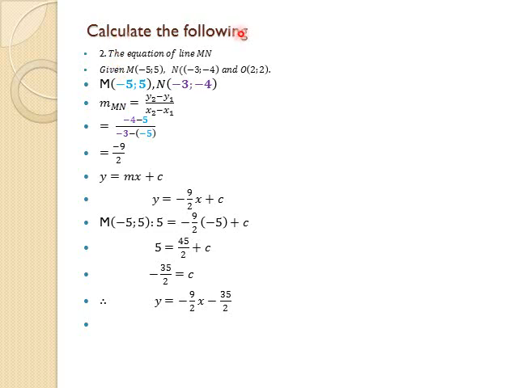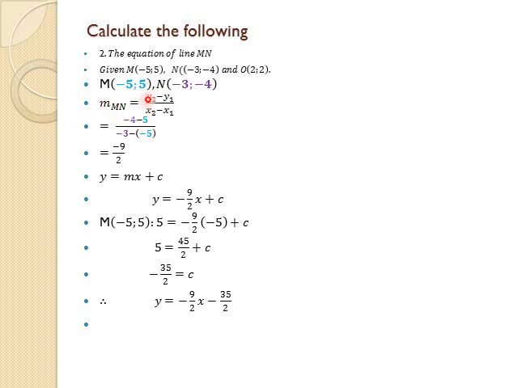Right, let's do one solving the equation of a line. So now they say calculate the equation of line MN, given the same coordinates: M (-5, 5), N (-3, -4), O (2, 2). So first we need to find the gradient of the line. We're working with M and N, so I have (-5, 5) and (-3, -4).